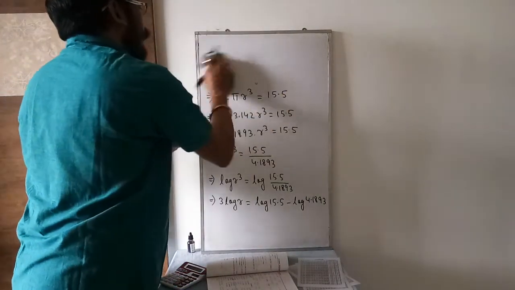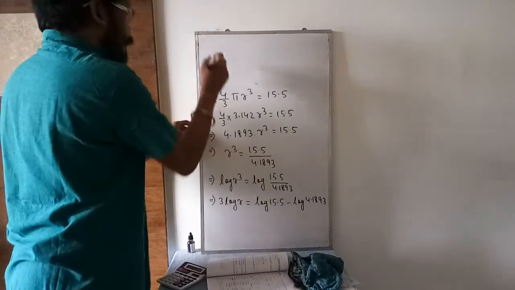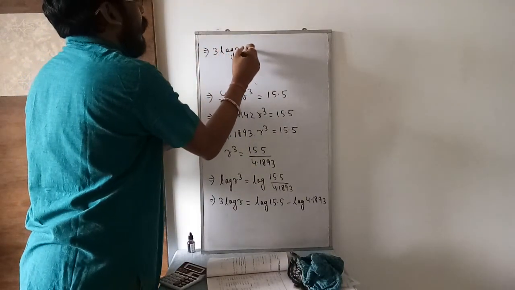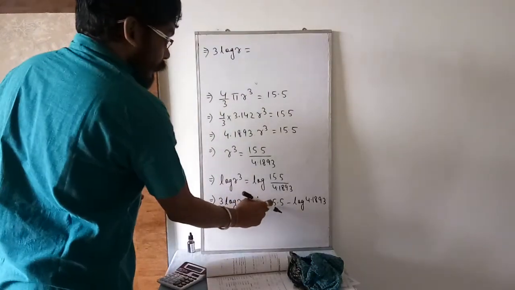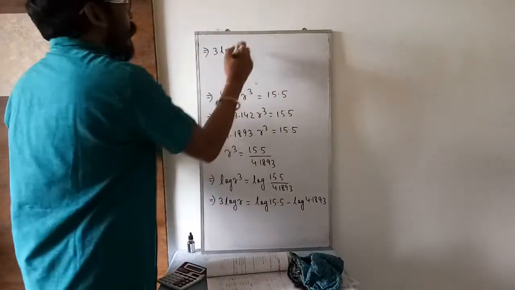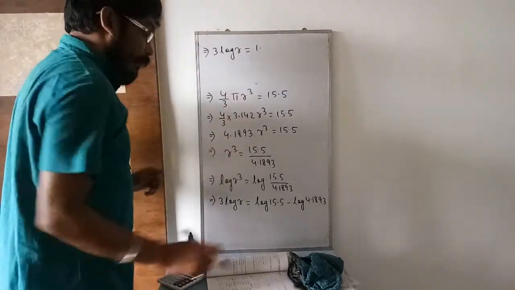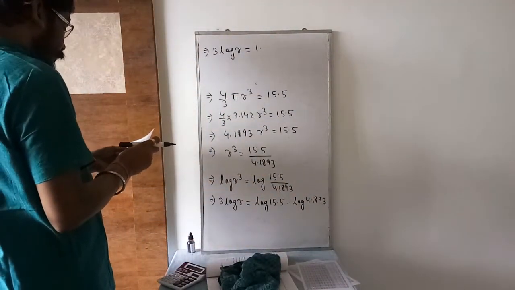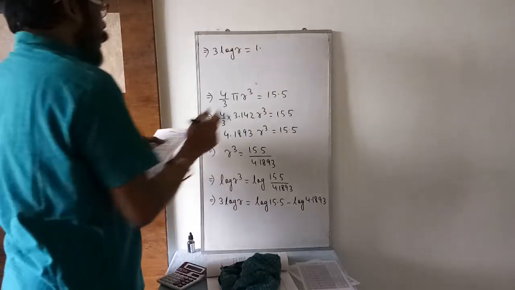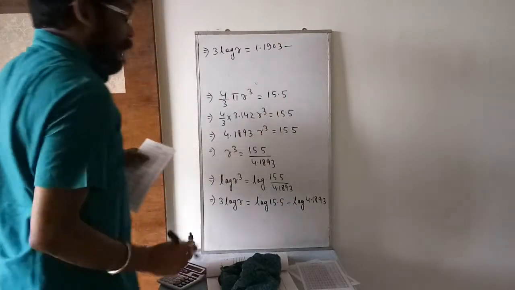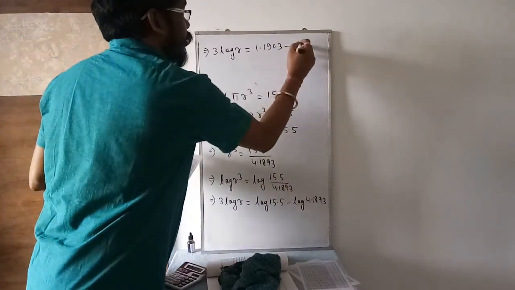Now I'll use the log table to put the values. So 3 log r equal to, here there are 2 digits in the integral part, so it is 1 point, and in the log table you will see 15.5 is 1903. Minus, here there is 1 digit, so 0 point.